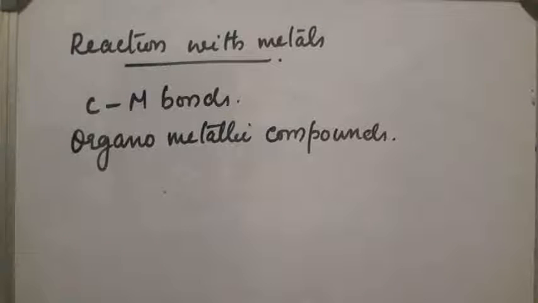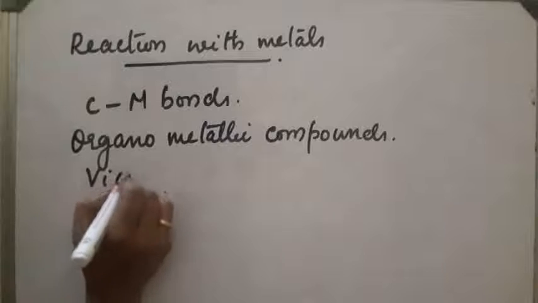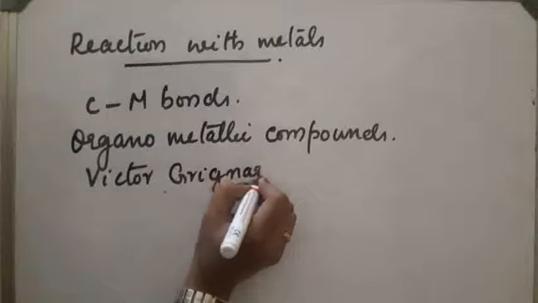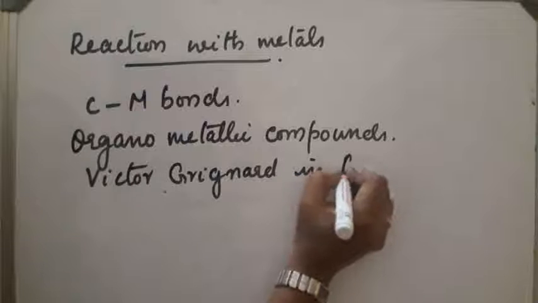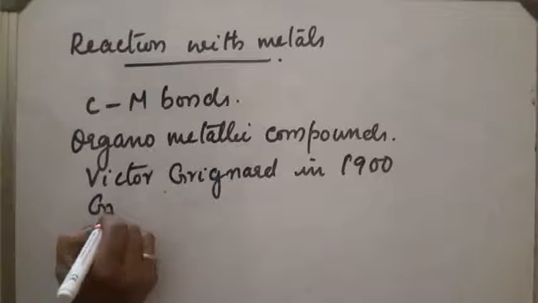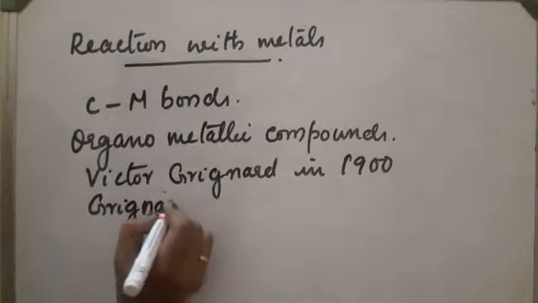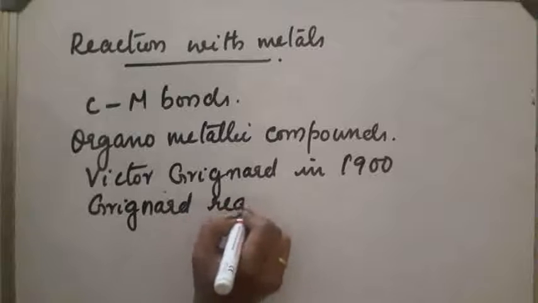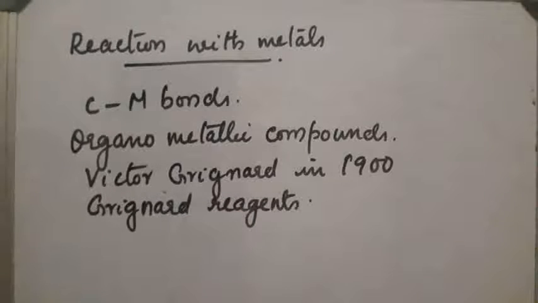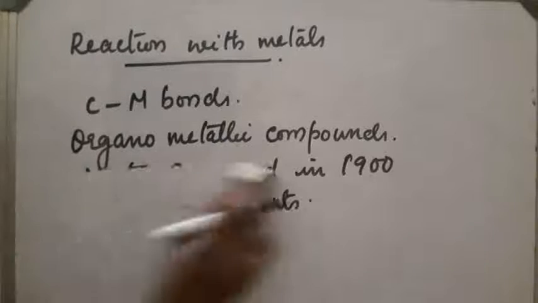A special class of compounds was discovered by Victor Grignard in 1900. These are called Grignard reagents. Let us take one example, RMgX.